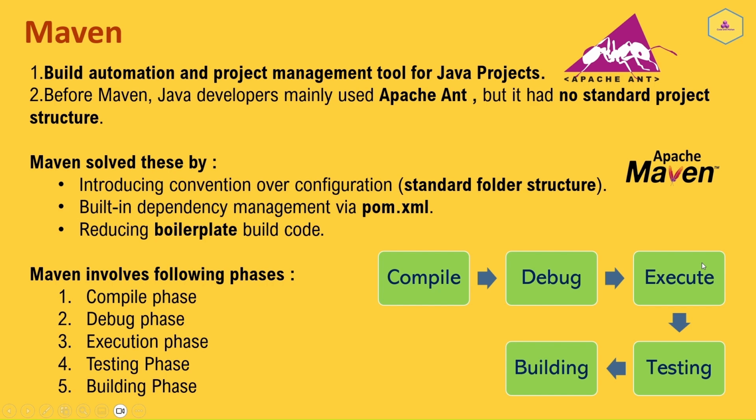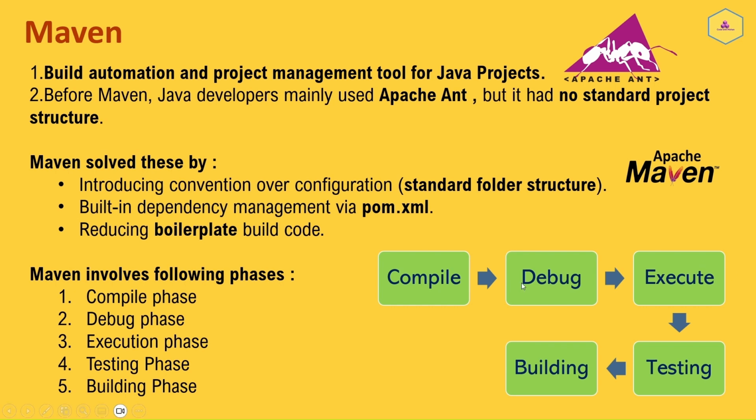Before Maven, Java developers mainly used Apache Ant for build automation, but it had no standard project structure. Maven resolved this by introducing convention over configuration, which means a standard folder structure, and providing built-in dependency management via the pom.xml file.